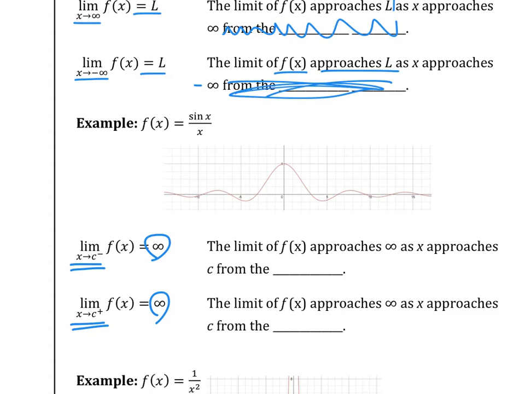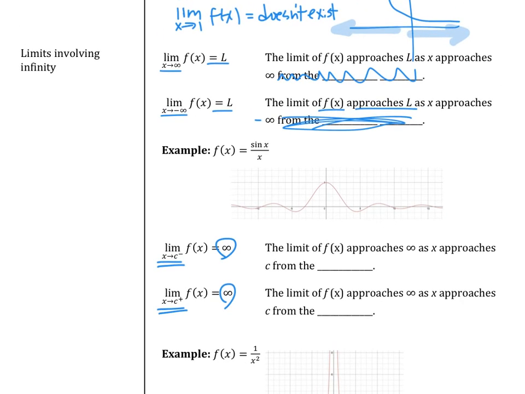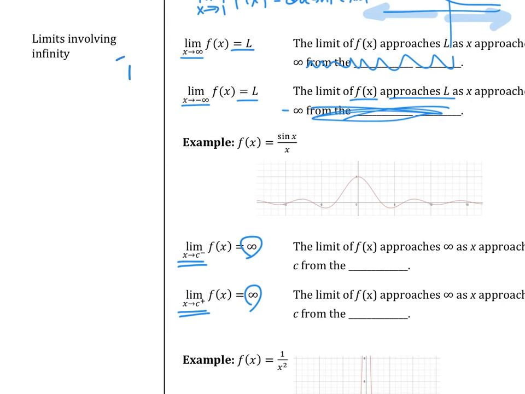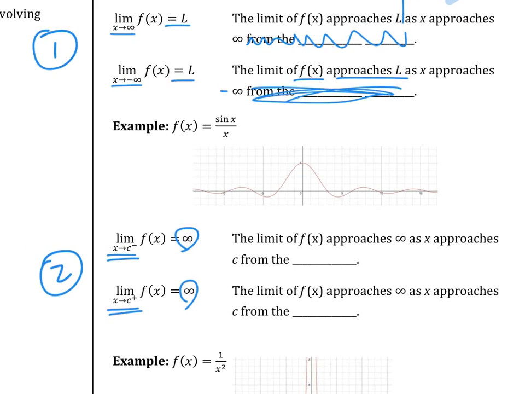So there are two different things we want to talk about. One, x going to infinity, whether it's positive or negative. Two, y goes to infinity, whether it's positive or negative. Let's just put this in. So this first one here is the limit as x goes to c from the negative side.